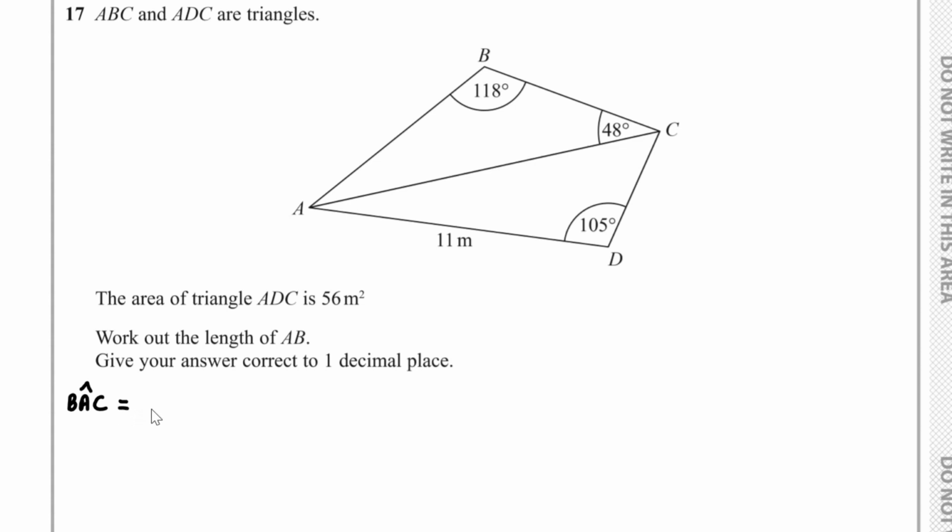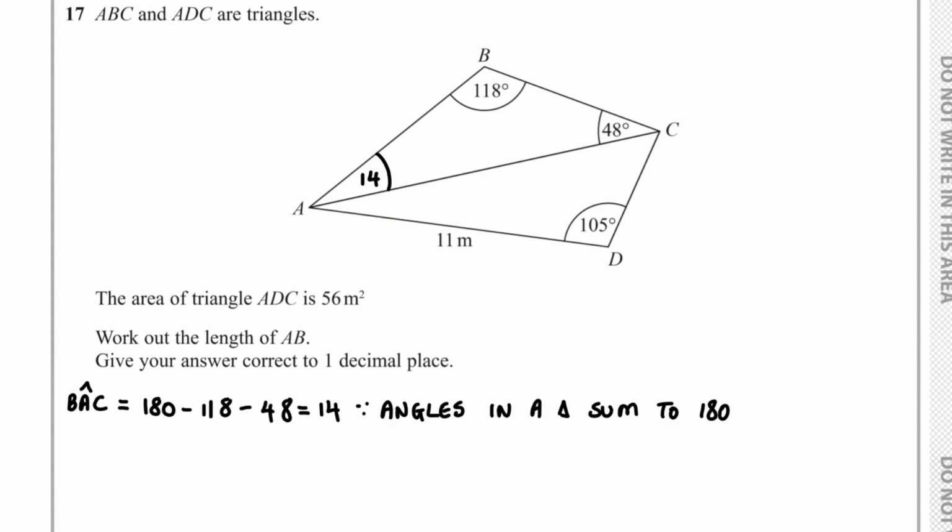BAC is equal to 180 take away 118 take away 48, which is 14. The reason for this angle being 14 is because angles in a triangle sum to 180.